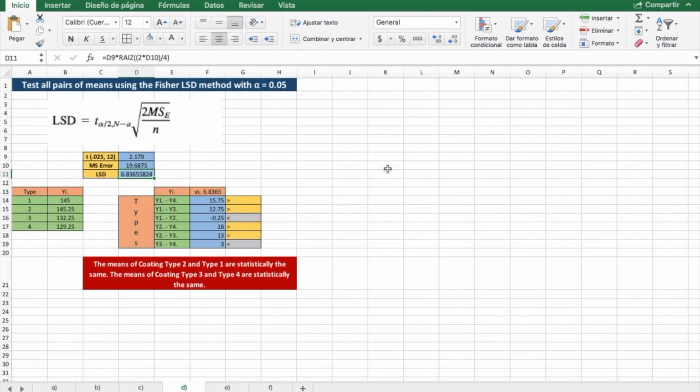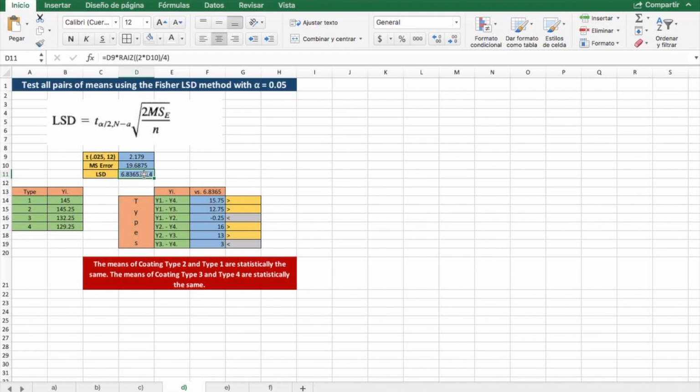The next question is: test all pairs of means using the Fisher LSD method with alpha 0.05. The formula to obtain the value of LSD is this one. We know that the t-value with alpha 0.05 is 2.179, and the MS error we also know is 19.6875.